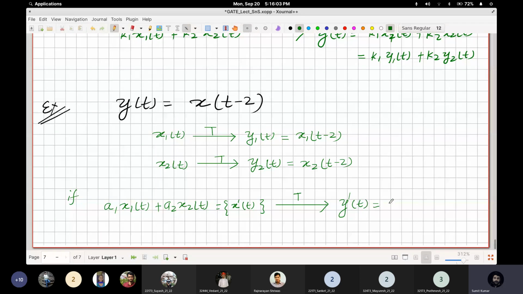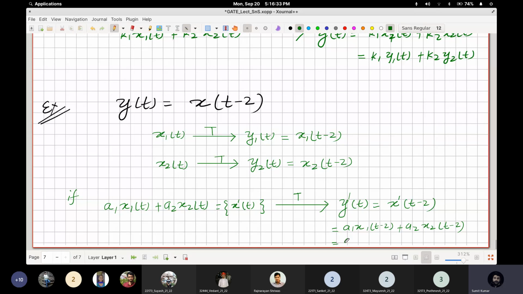So y dash (t) will be equal to x dash (t minus 2). But what is x dash (t)? It is a1 x1(t) plus a2 x2(t). And for x dash (t minus 2), we replace t with t minus 2. So this will be equal to a1 x1(t minus 2) plus a2 x2(t minus 2).